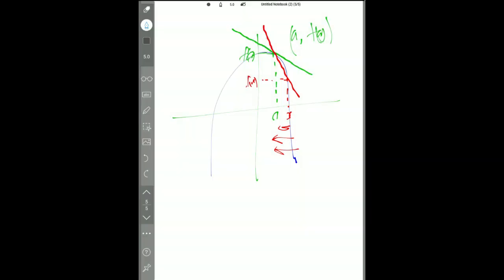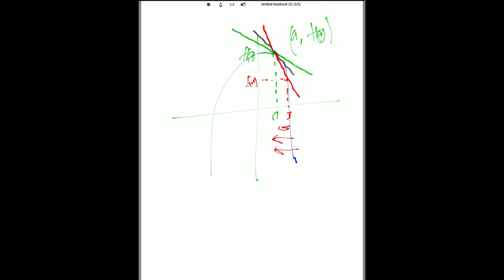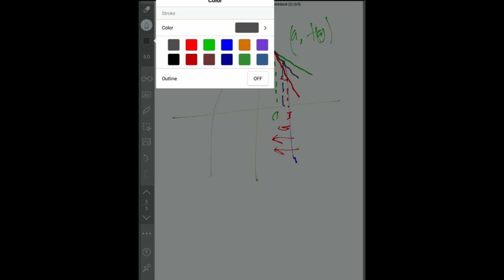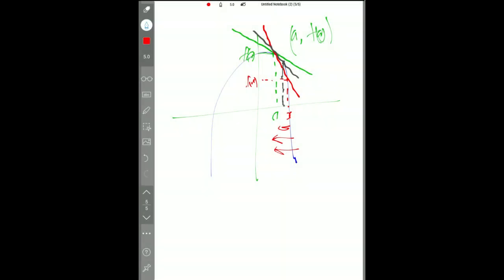Again, we're going to be drawing a line that passes through the point a, f of a, and touches the curve at this point right here, and so x is getting closer to a. Then we keep doing that, drawing another line that passes through 2 points, where one of them is a, f of a, and the other point is one such that the x value is closer to a than it was before.